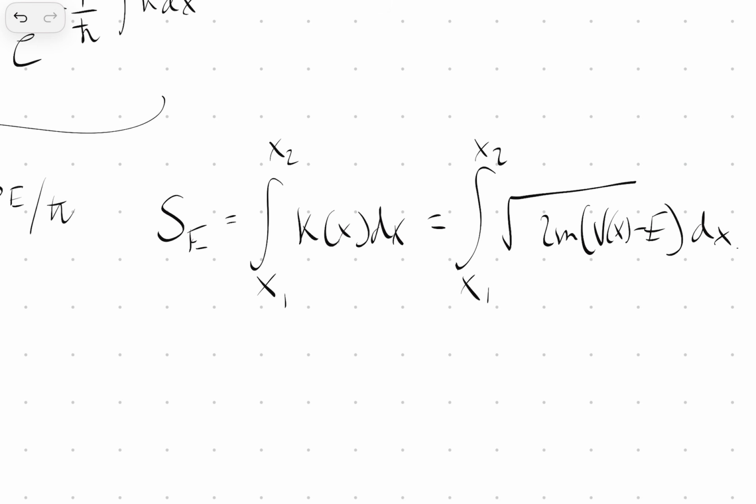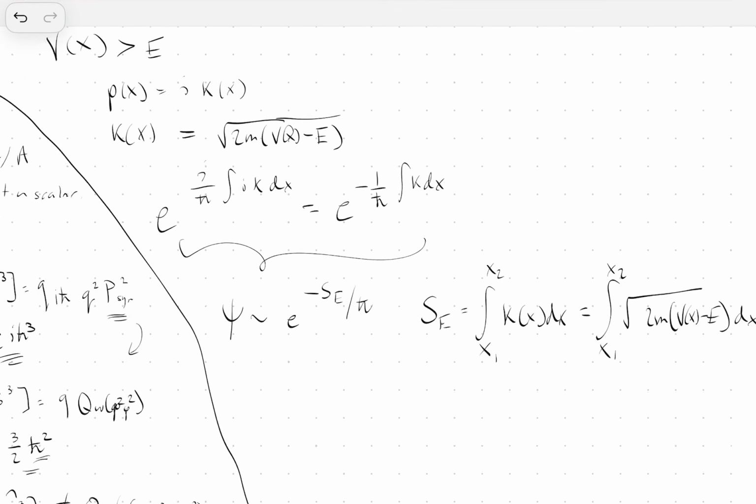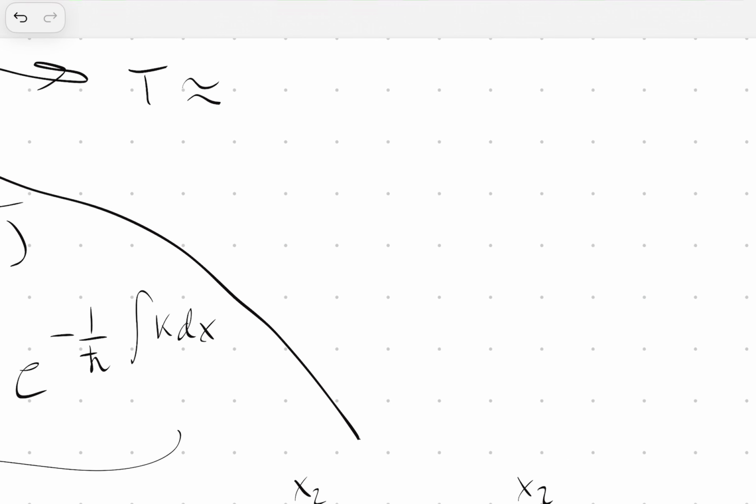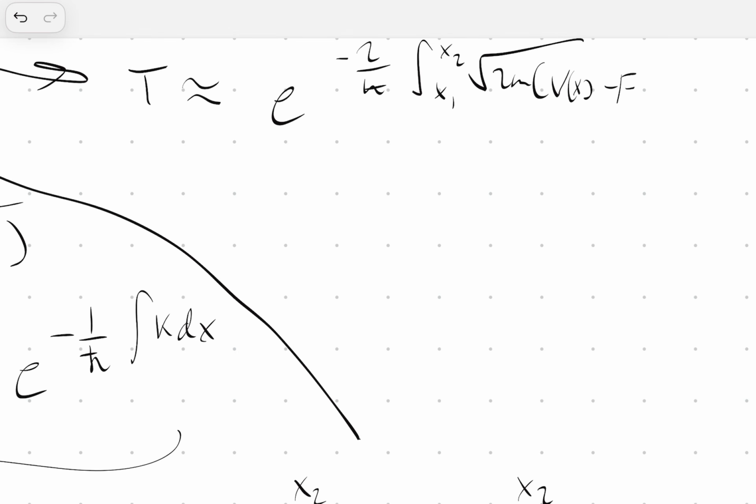So now what we can do is talk about the tunneling probability. And the tunneling probability will just be given approximately by e to the minus 2 over H bar times the integral from x1 to x2 of the square root of 2m (V of x minus E) dx.